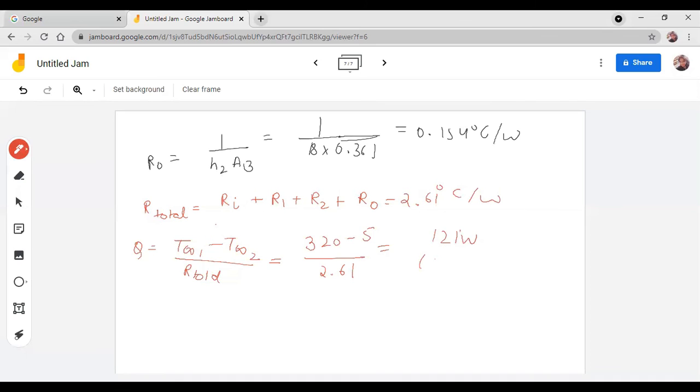This will be per meter pipe length. Now, heat loss for a given pipe length can be determined by multiplying this quantity, 121, by L. This is for 1 meter. So if the length is L, the heat conduction rate will be 121 into L.